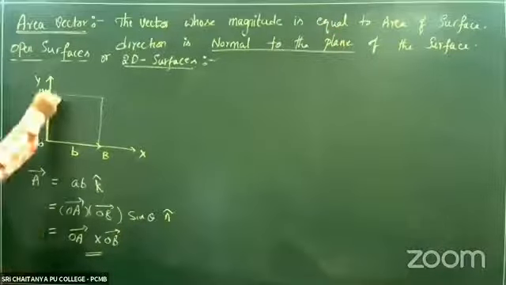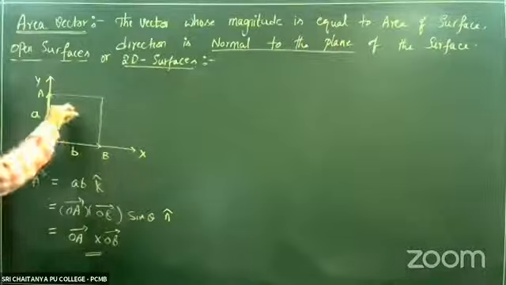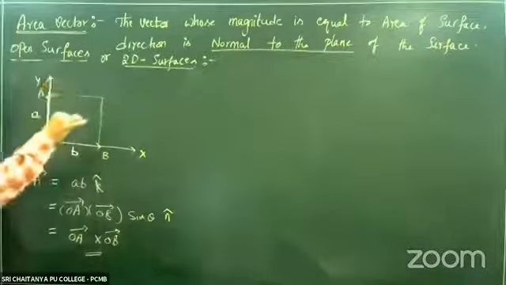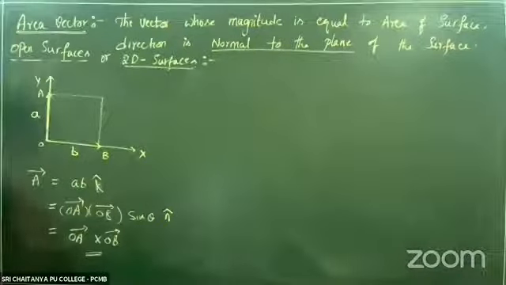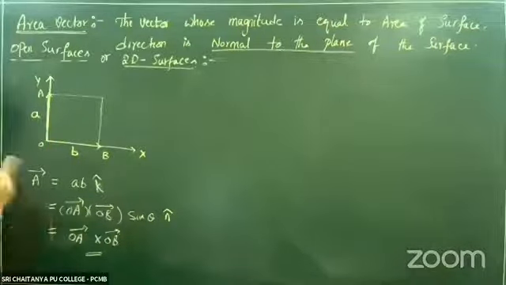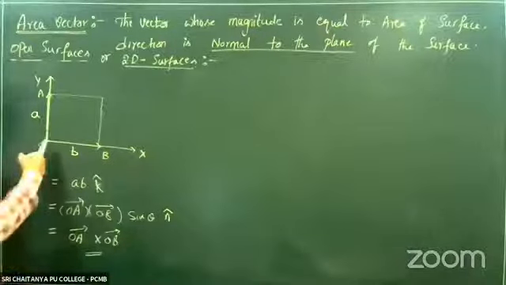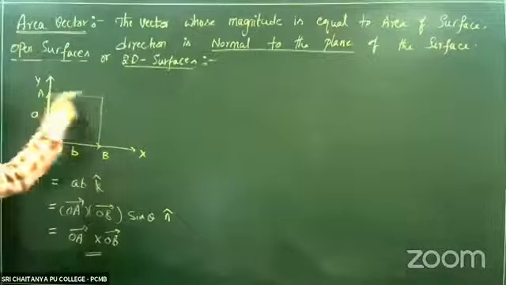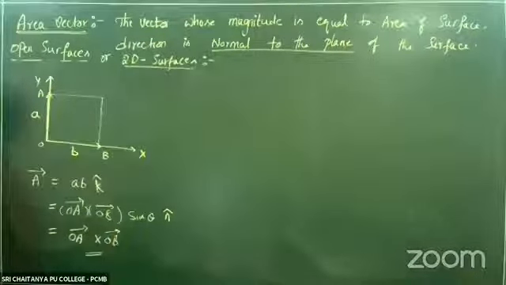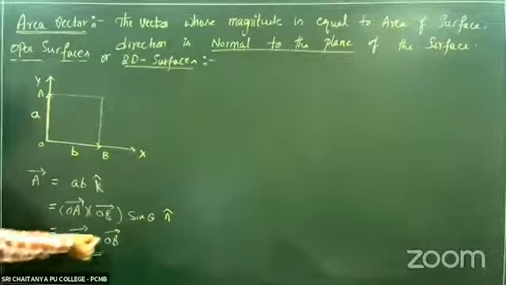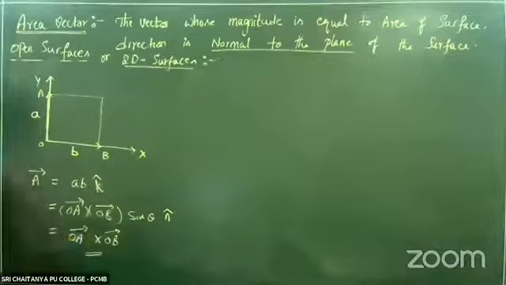If one is along Y and one is along Z, immediately you can find it is along X. But if planes are in different ways, in high-end problems, we need this formula. Remember, if two vectors are given to you, by using those two vectors a plane is framed. The area vector of that plane is simply OA cross OB.